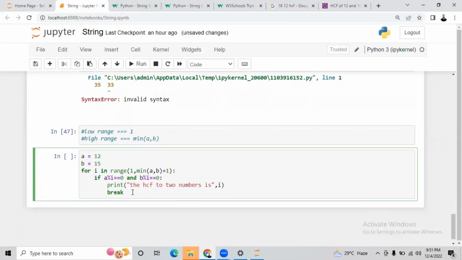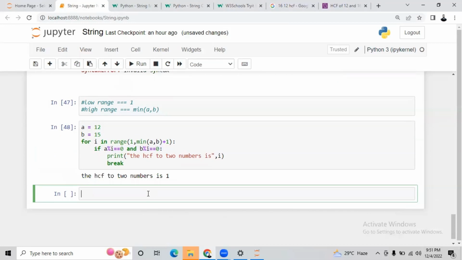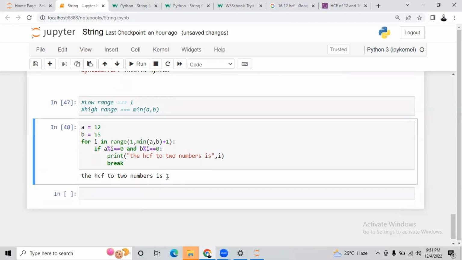Akash, try to find what the problem is. The actual HCF is not 1, but we will get 1. Yes, correct. For 1, every time this condition is going to be satisfied, and then it will break. So we are always going to get 1 as the output.